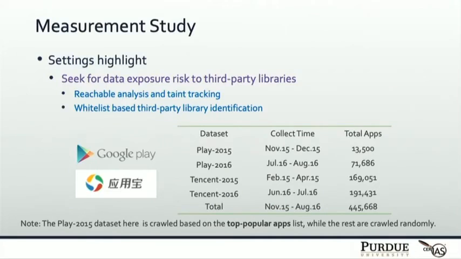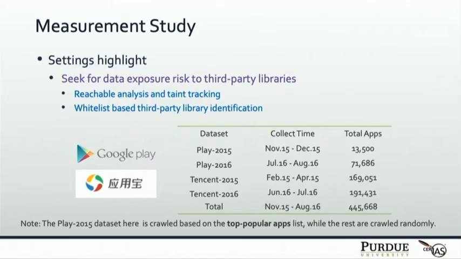Now we come to the large-scale measurement study over 400,000 apps. In our study, we crawled apps from both the official Google Play market and a top popular third-party app market in China.